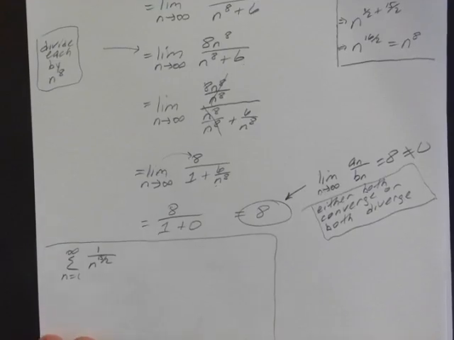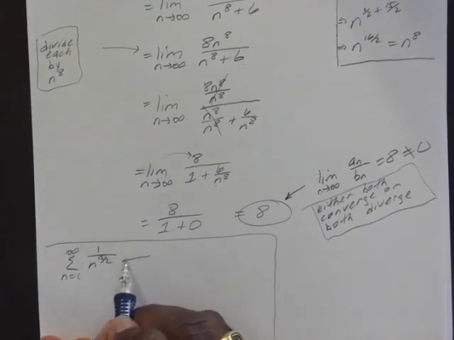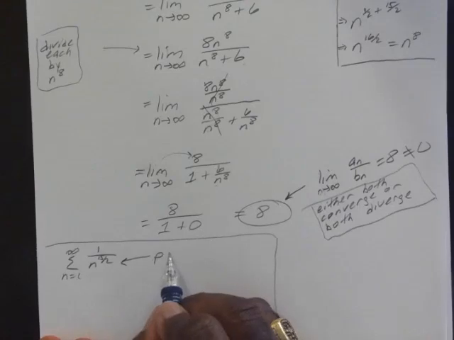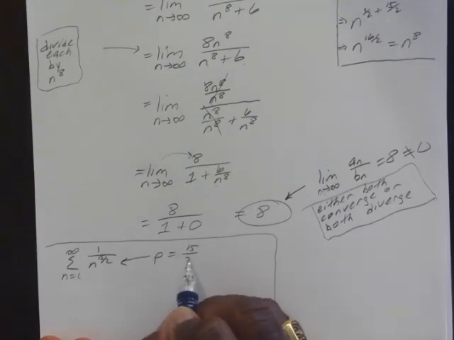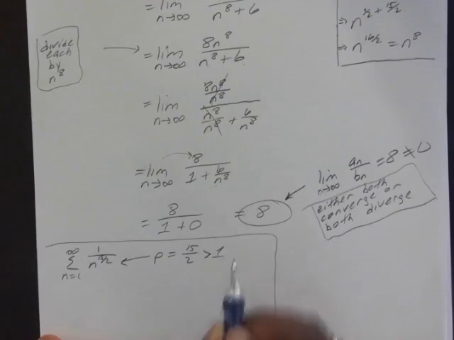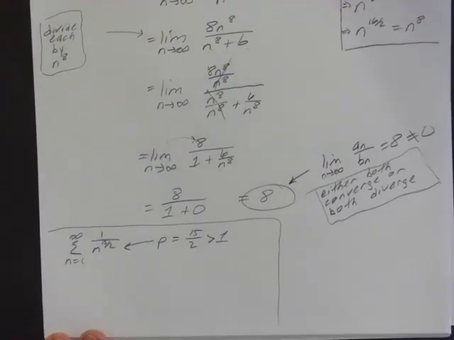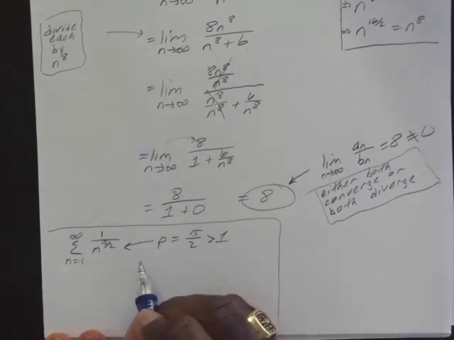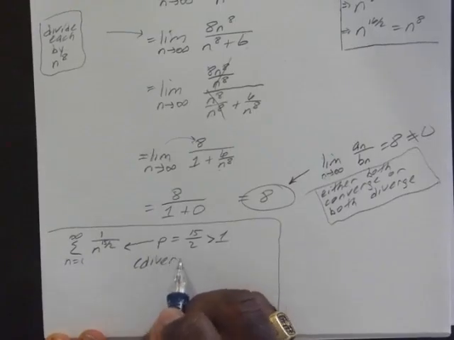Okay, so this one, using the p-series test, p is equal to 15 divided by 2, which is greater than 1. So this one will diverge.